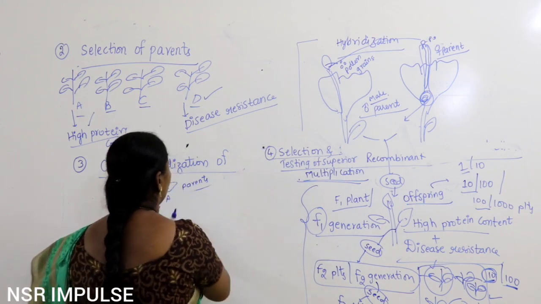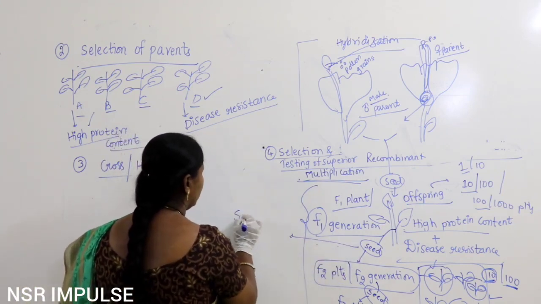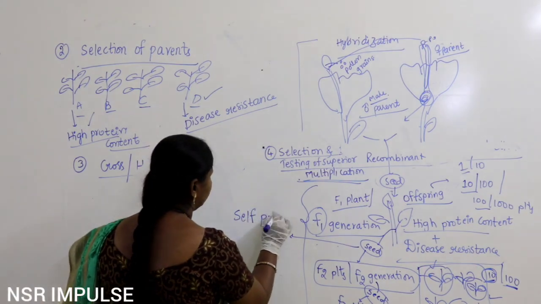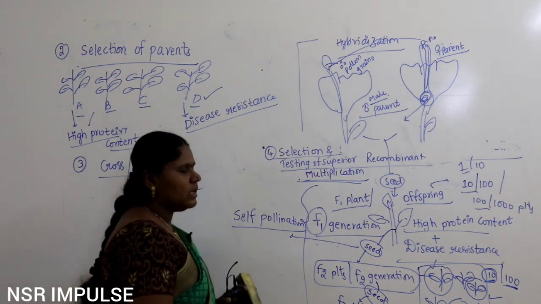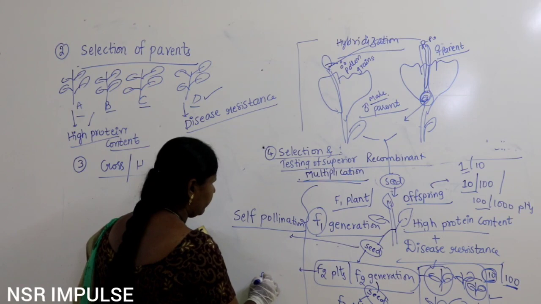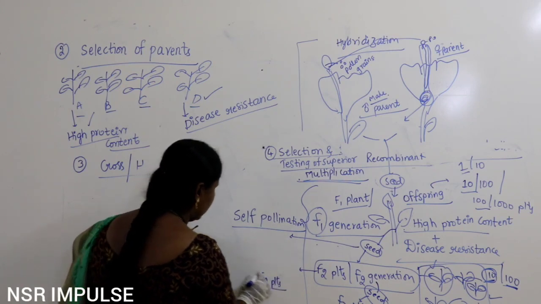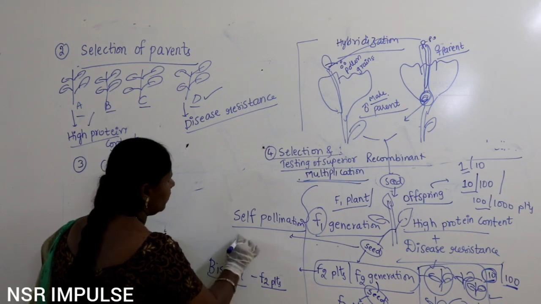Now how can we do this here? In every step we have to do self-pollination. What is self-pollination? If you take an F2 plant, these F2 plants are bisexual. Bisexual meaning what?